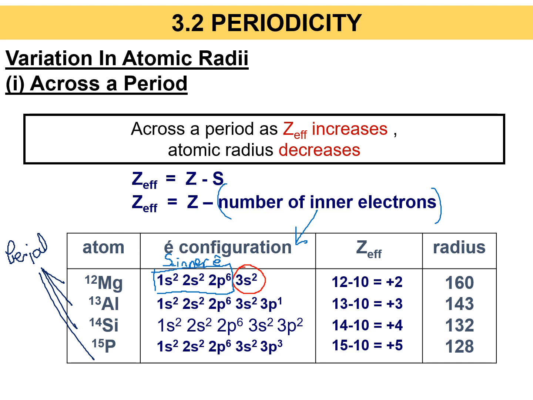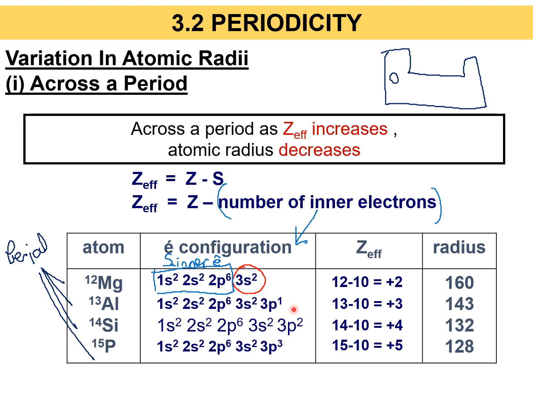So, bila kamu nak kira ZEF, it will be proton number tolakkan dengan number of inner electrons. So, you kira berapa number of inner electrons untuk magnesium? 6 campur 2, 8 campur 2, 10. So, 12 minus with 10, then you will get 2. Okay. So, ZEF untuk Mg kan awal-awal sikit kat periodic table of elements kan. So, if let's say you ada periodic table of element, I believe that Mg is located around here. Okay. So, therefore, Mg size dia besar sikit.